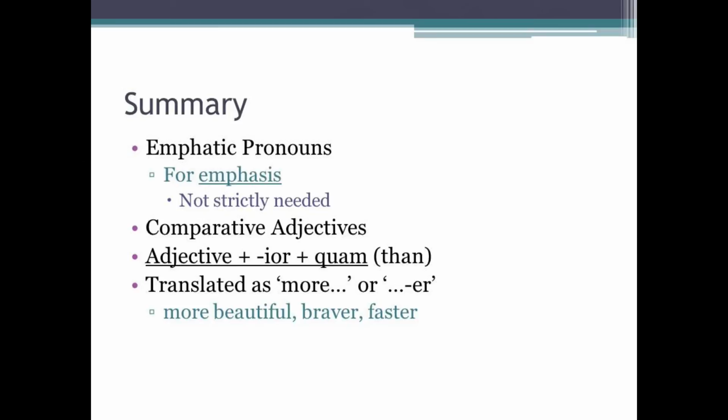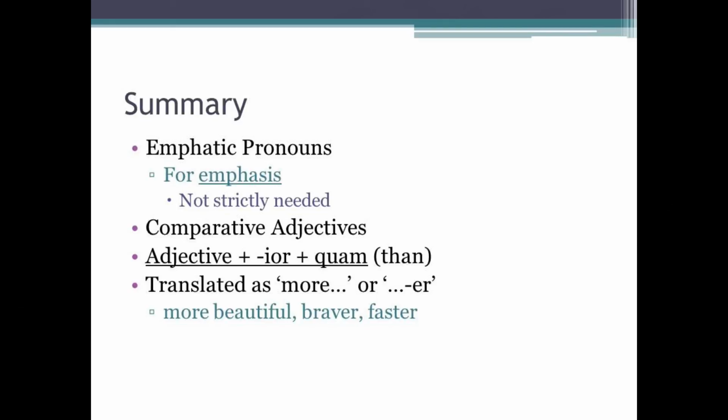We've now been through stage 10 of the Cambridge Latin course, so let's summarise. Emphatic pronouns. These are used for emphasis and are not strictly needed for the sentence to make sense, as verb endings alone are enough. Comparative adjectives.